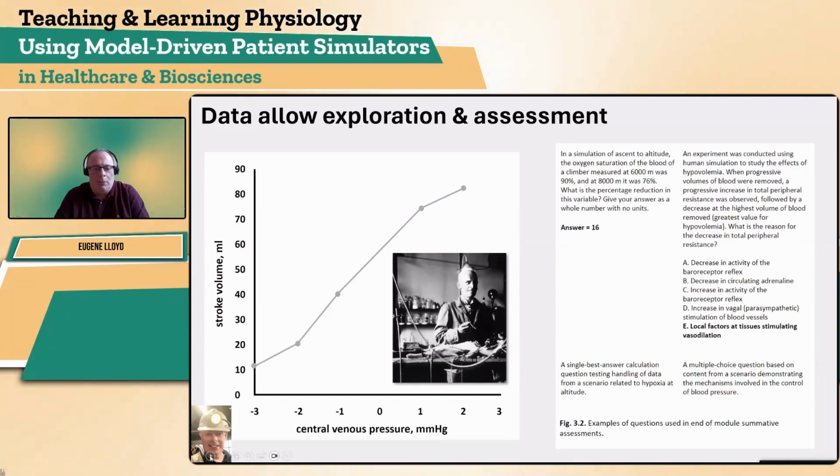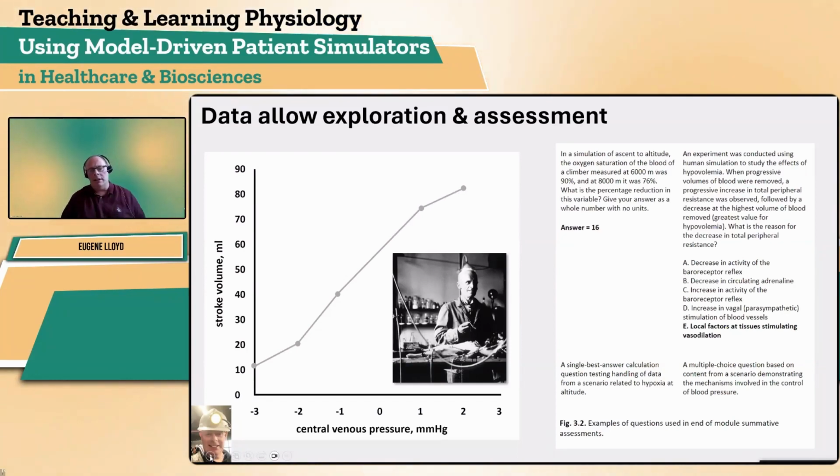This in itself is an opportunity for discussion: many of the pressures that we measure in the human body are relative to atmospheric pressure, not relative to zero pressure. So a pressure of -1 millimeter of mercury means that it's slightly below atmospheric pressure.